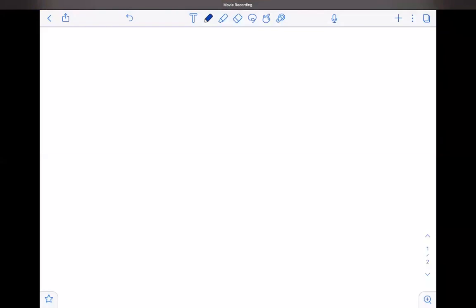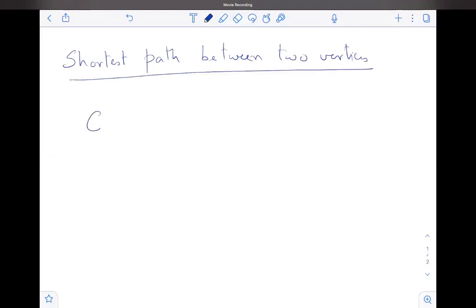So today we will study how to find the shortest path between two vertices. Basically, we have been given a graph G, and we can also be given some set of weights, which are real numbers on the edges.